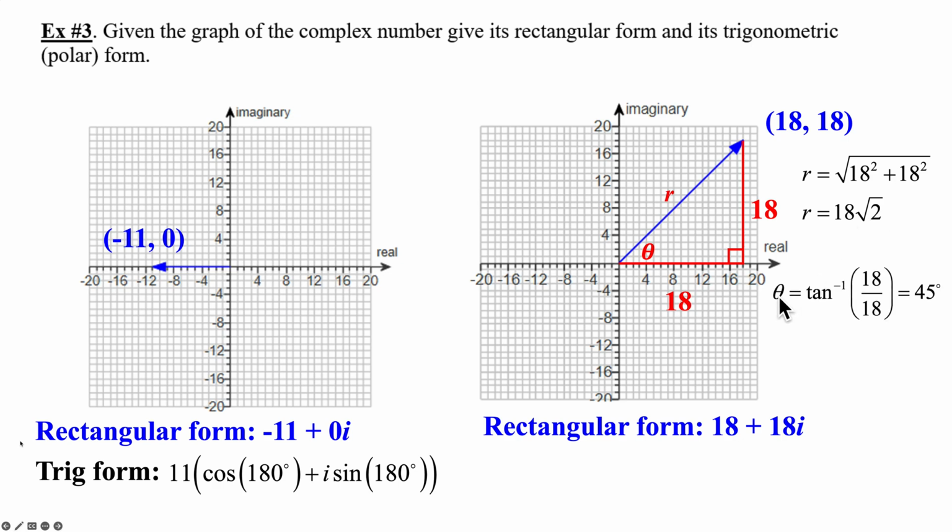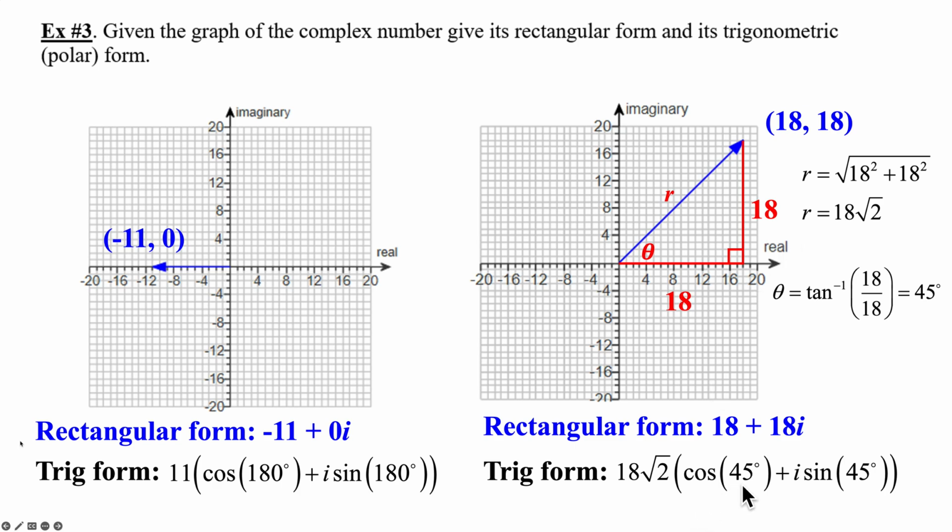Then if you use your theta, inverse tangent of y over x, well, that's a 1, that's 45 degrees, so there's a 45-degree reference angle there. So now I'm ready to put this in trigonometric form. 18 square root of 2 times the cosine of 45 degrees plus i sine of 45 degrees.